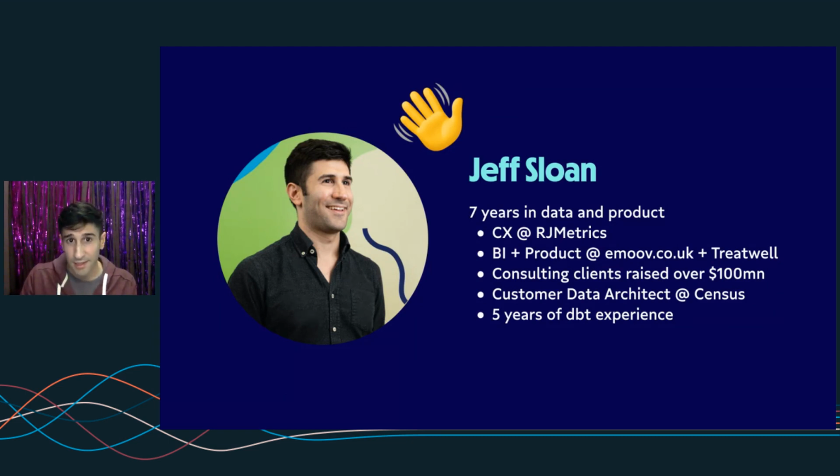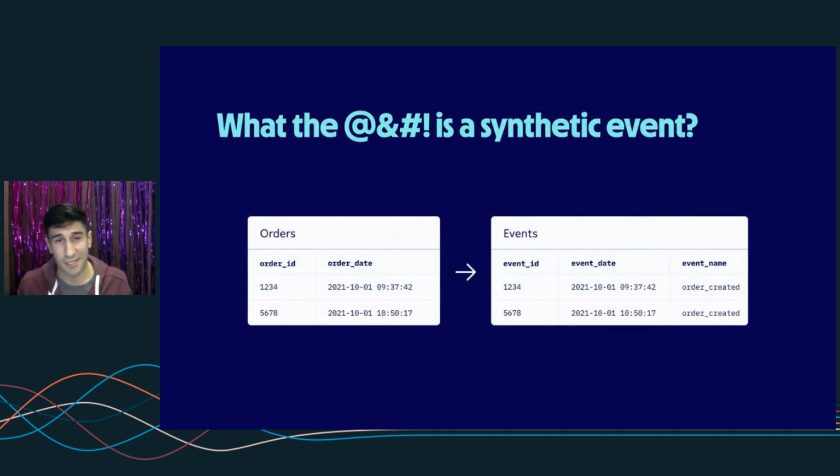So let's get stuck in with a particular first question. What even is a synthetic event? Synthetic events, as we're going to talk about them today, are modeled data points that look like the events that you have in your warehouse, or that you might have tracked in your front end rather, but are actually sourced from your systems of record, like your application databases, CRM, or other tools.